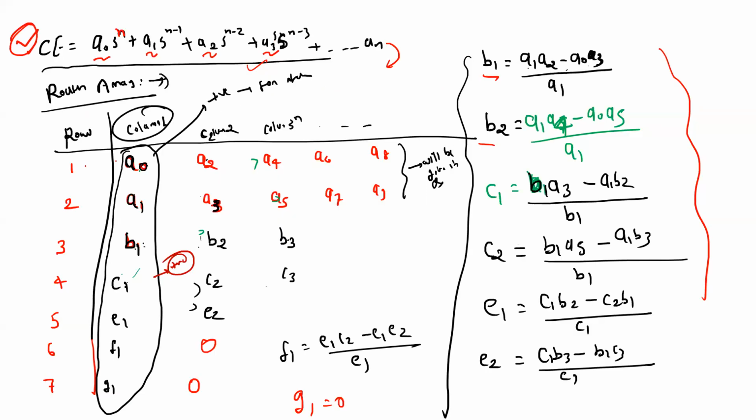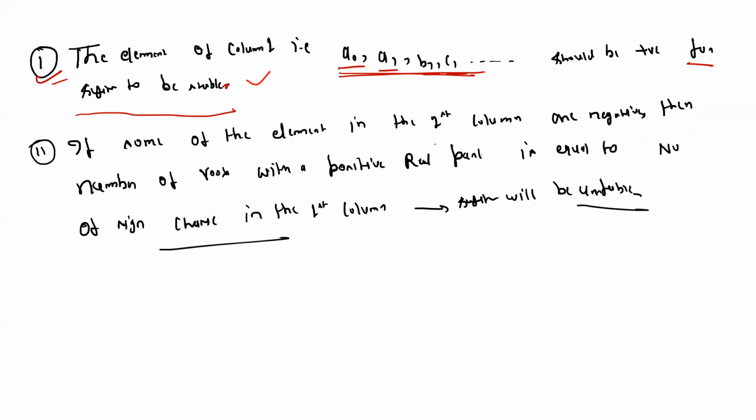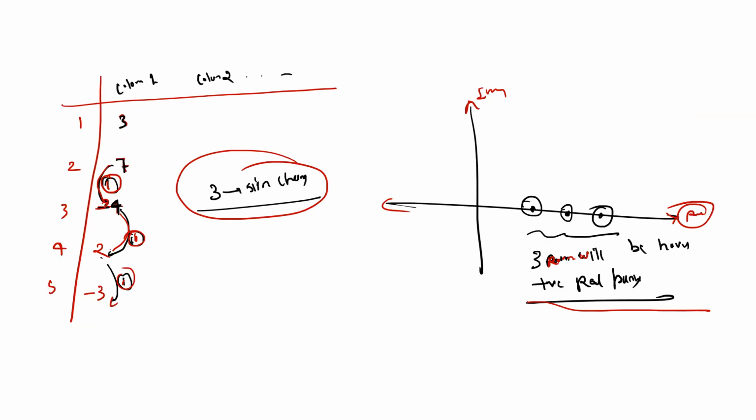If all the coefficients of the first column are positive, then the system will certainly be stable. And if there is a sign change in the first column, then the number of sign changes will tell you the number of positive roots lying outside, in the complex plane.